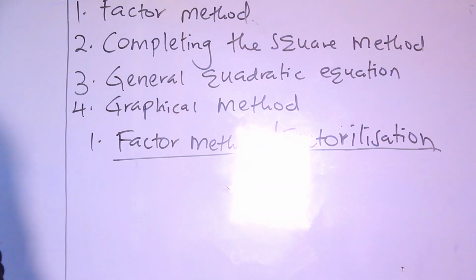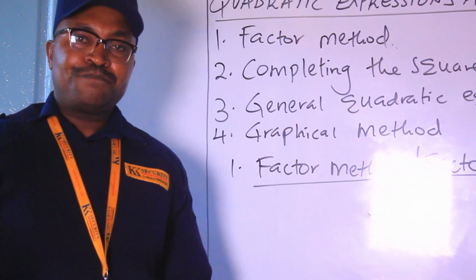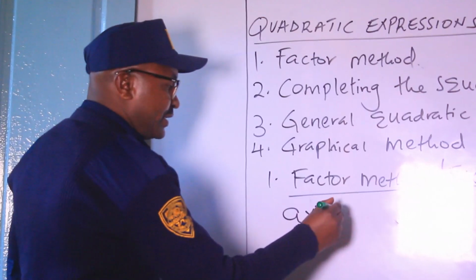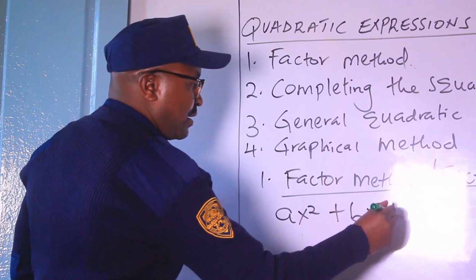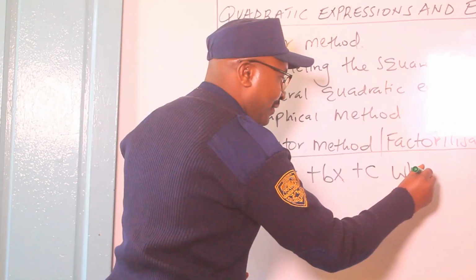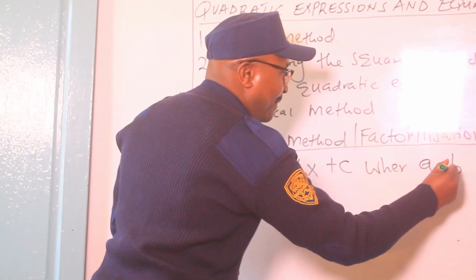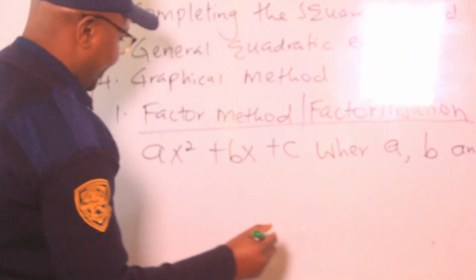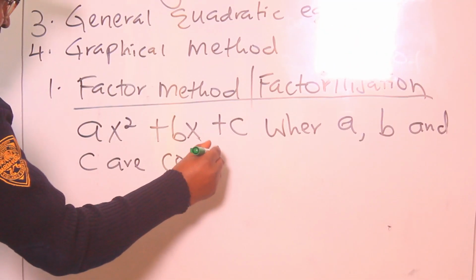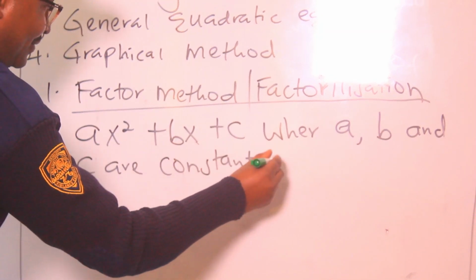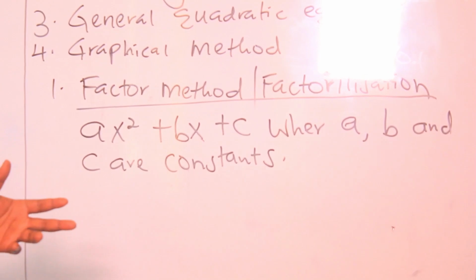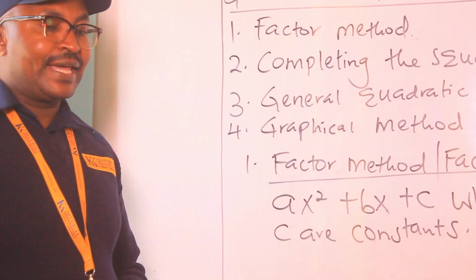So a quadratic expression is in the form of ax squared plus bx plus c, where a, b, and c are constants. For example, let us do this example together.